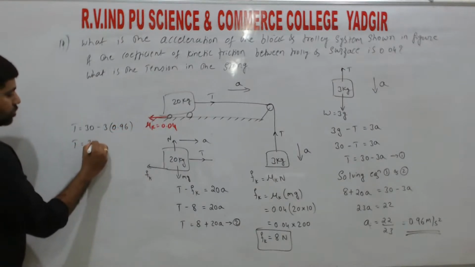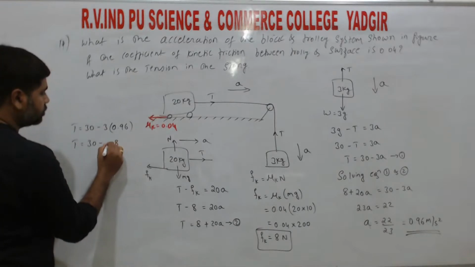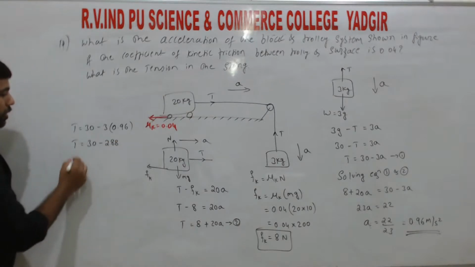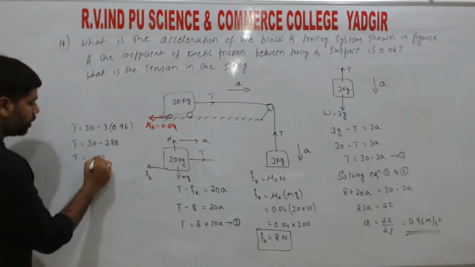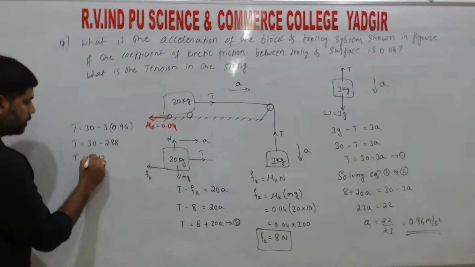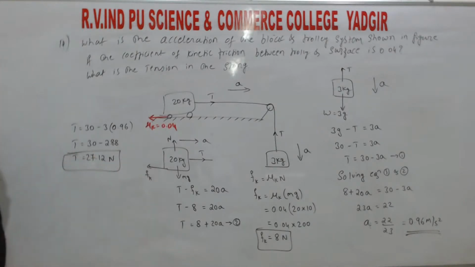So T is equal to 30 minus 2.88, 3 into 0.96. So T is equal to 27.12 Newton, right?